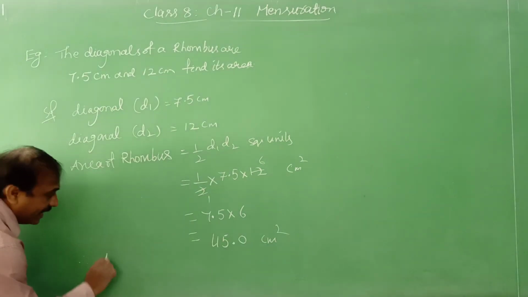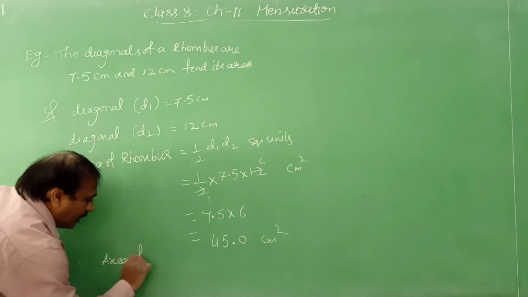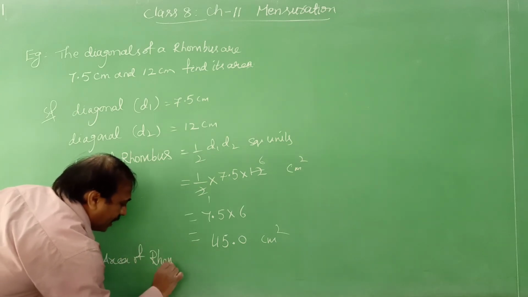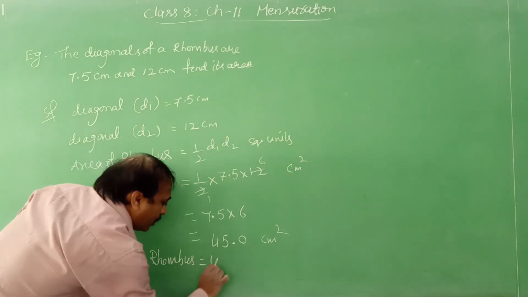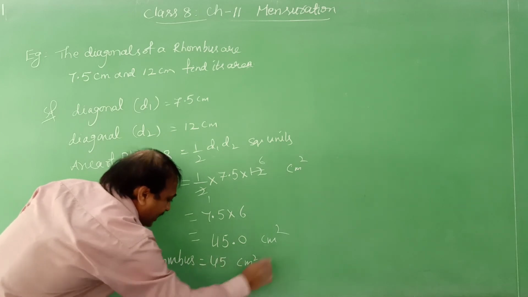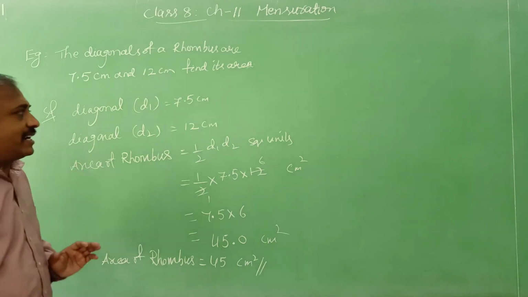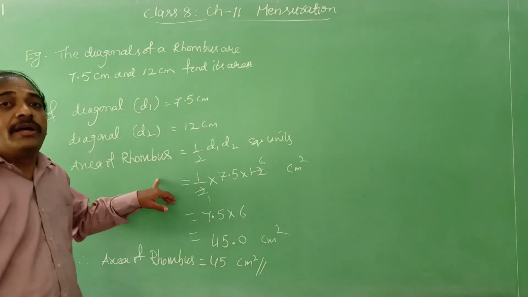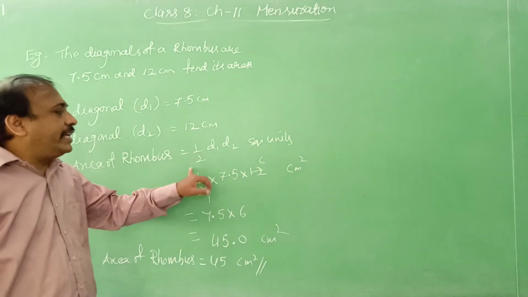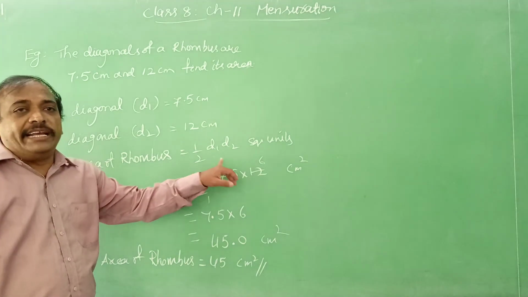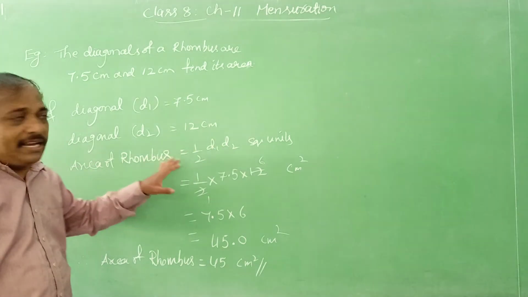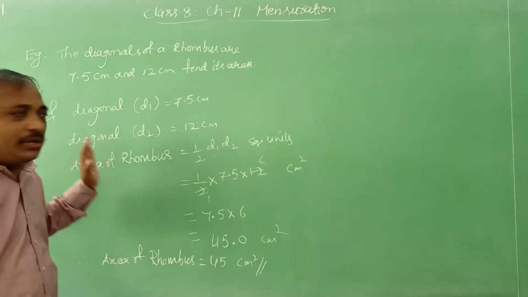Therefore the area of the rhombus is equal to 45 centimeter square. We are just substituting diagonal 1 and diagonal 2 in the formula, half into diagonal 1 into diagonal 2. I hope it is clear to you.